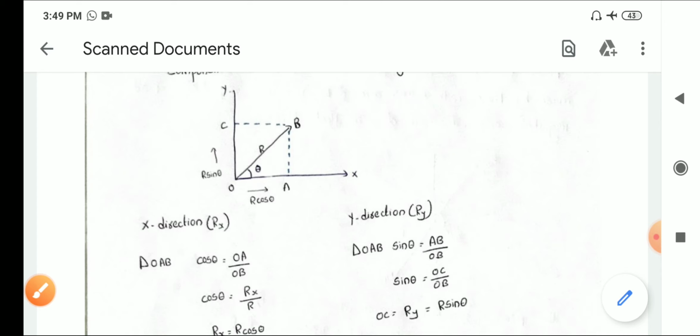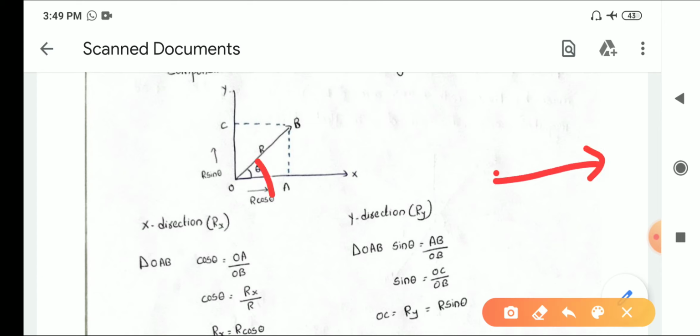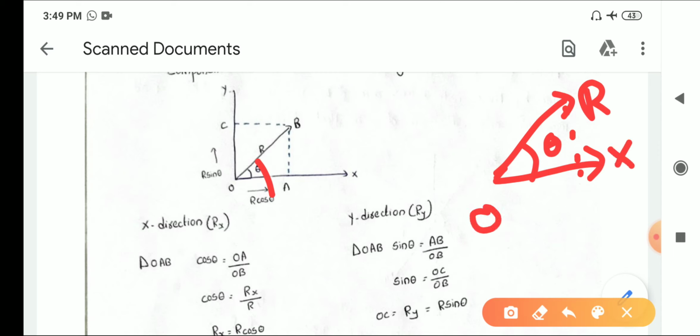Okay, this is angle theta. Now, to resolve this R force in x direction, what you have to do? Drop a perpendicular from R to x axis. Okay, I am naming it as A.